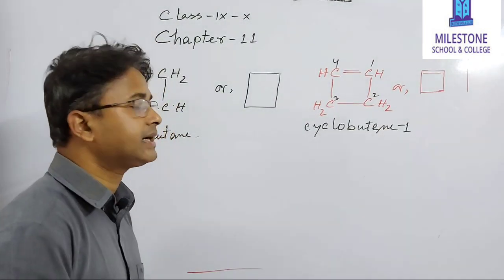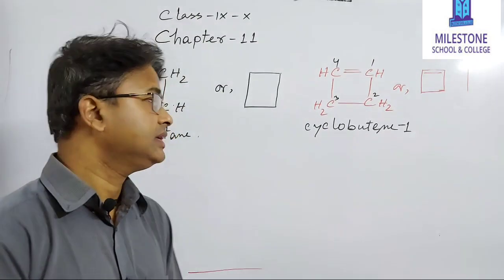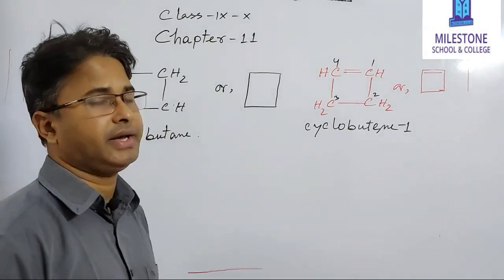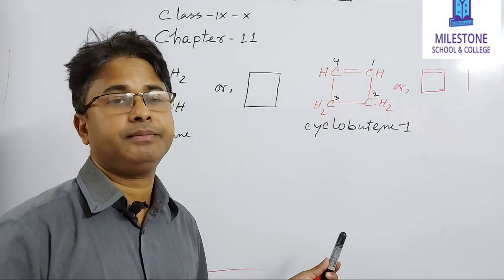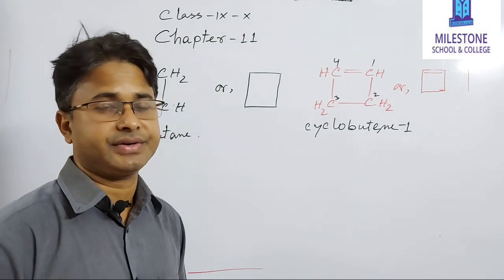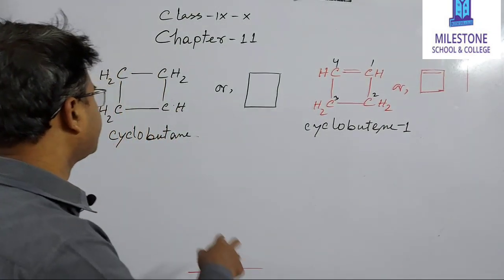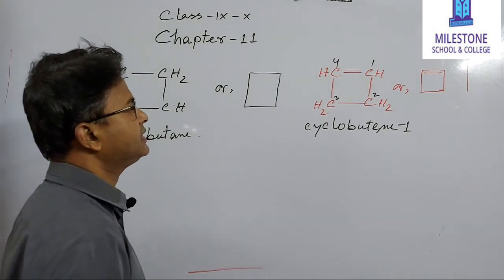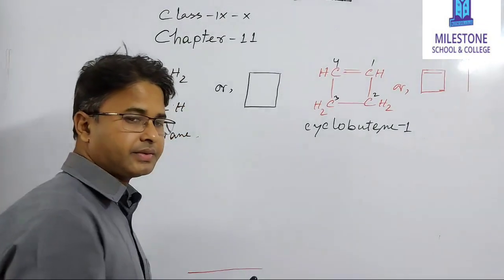However, what are the similarities between the two compounds, cyclobutane and cyclobutene-1? The first similarity is that both of them are hydrocarbons, and both are closed chain hydrocarbons. The dissimilarity is that cyclobutane contains carbon-carbon single bonds, but cyclobutene-1 contains one carbon-carbon double bond.